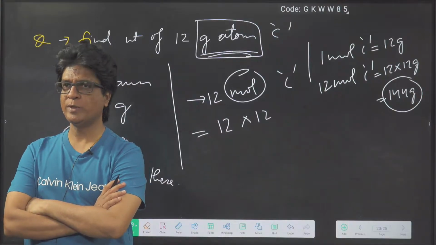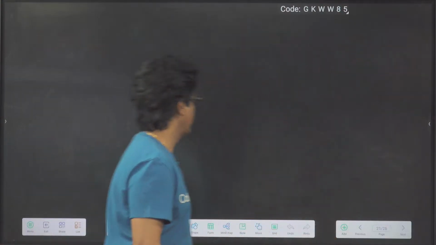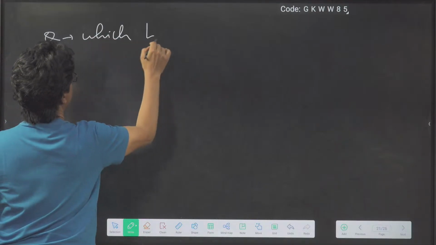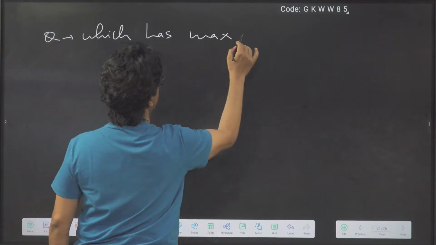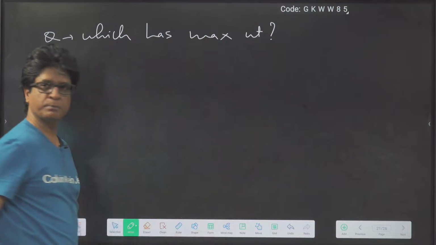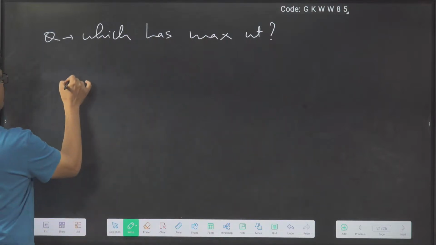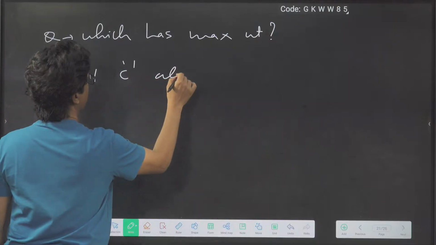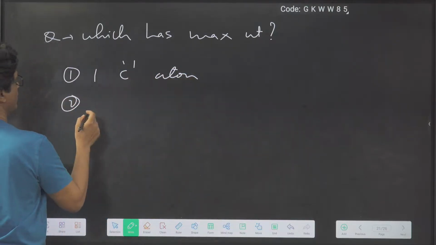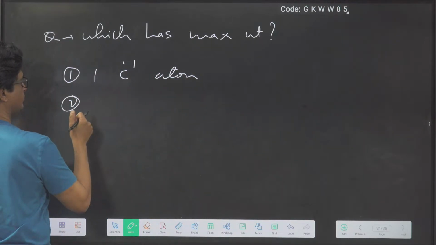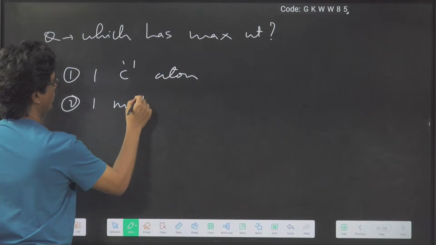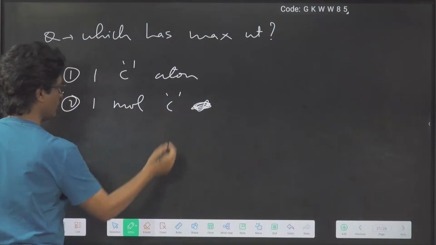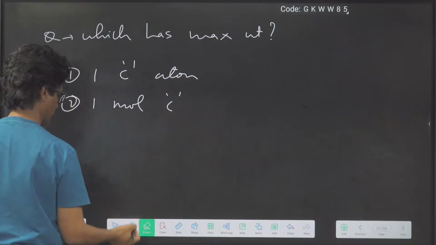Shall I ask you one more question now? Okay. The question says, which has maximum weight? First option, 1 carbon atom. Second one is 1 mole of carbon.